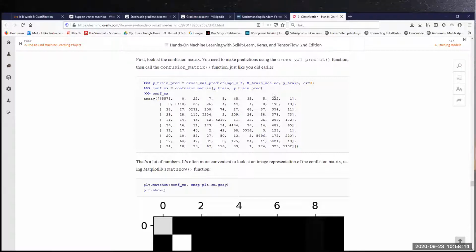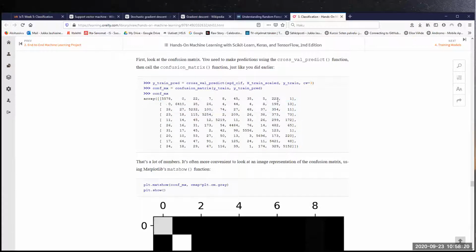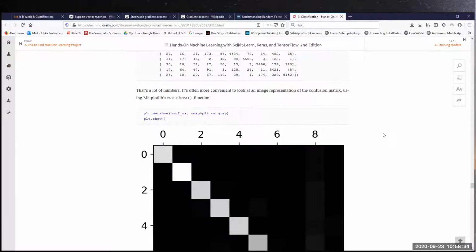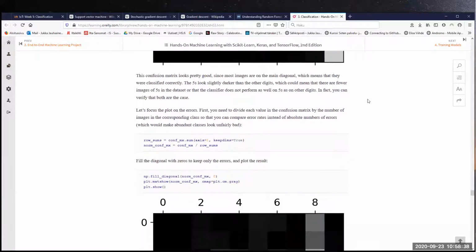In this case, you may notice that this number 8 has been badly classified, since there are large numbers here, so it has been confused quite a lot with other numbers. Somehow it has been very hard to classify correctly.